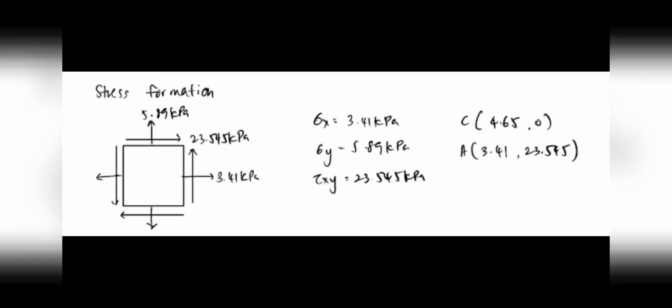After obtaining the stress in x direction and y direction, we need to identify the center C and the point A in order to draw a Mohr circle. C is also equal to the average stress, which is stress x plus stress y divided by 2. So the answer obtained is 4.65 kilopascal.